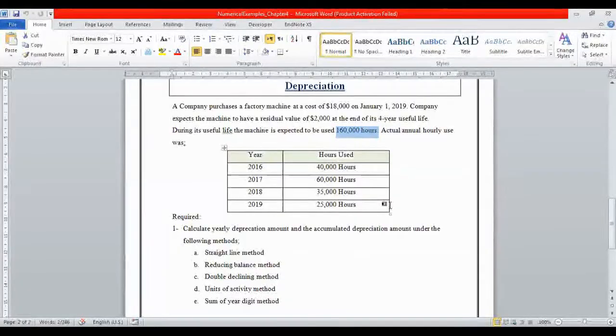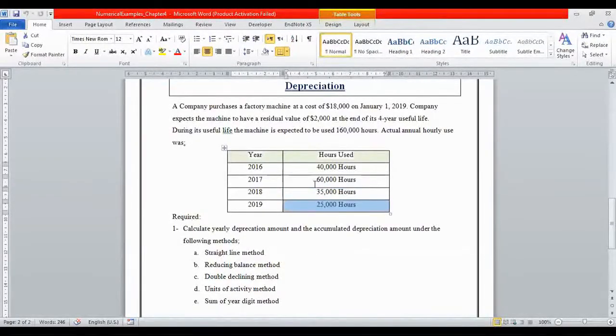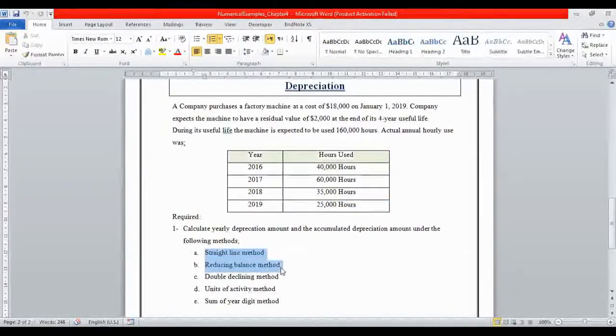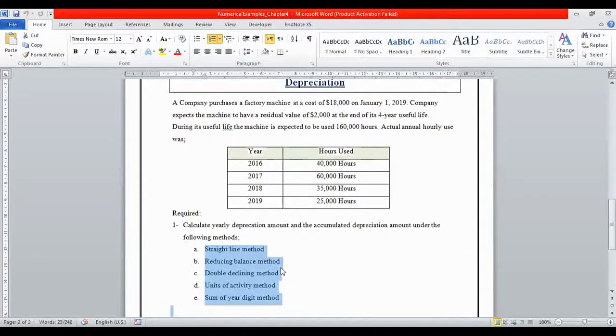The company uses it for 40,000 in 2016, 60,000 in 2017, 35,000 in 2018, and 25,000 in 2019. We are required to calculate depreciation using these 4-5 different methods for this company.